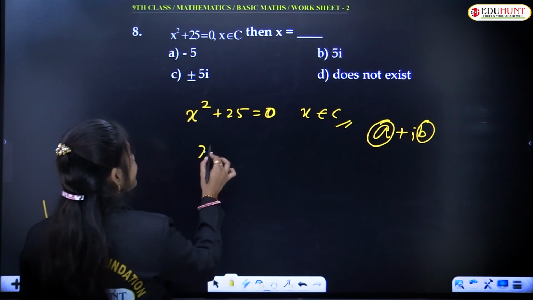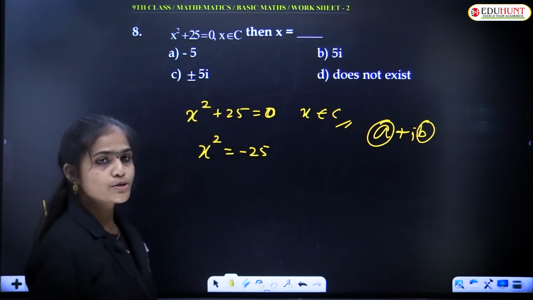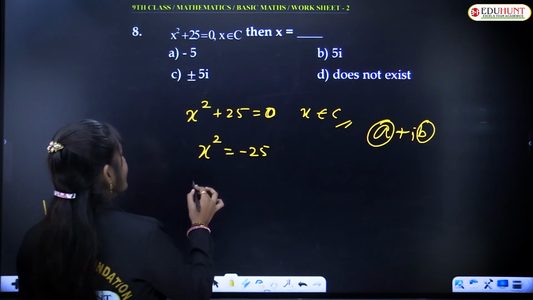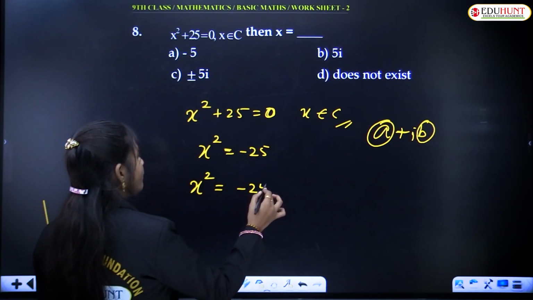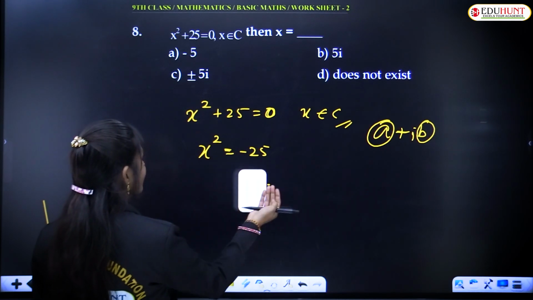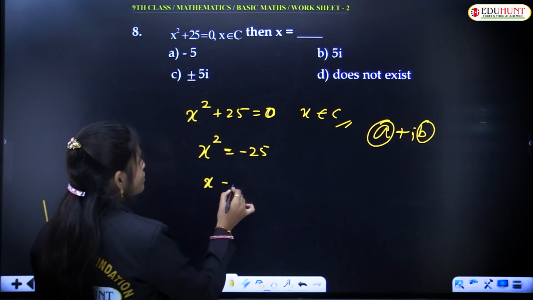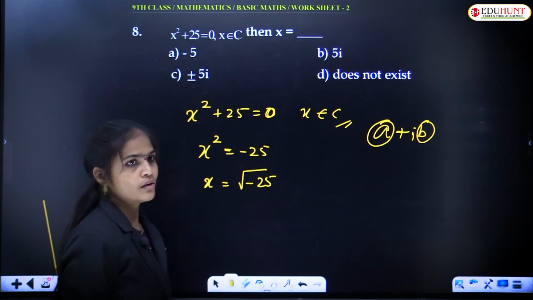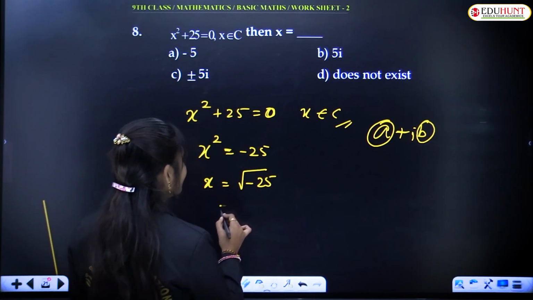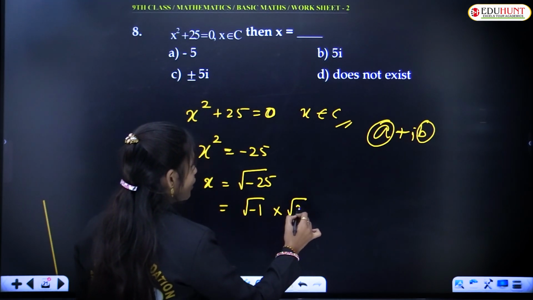So here x square is equal to minus 25, as plus 25 becomes minus 25. So x is equal to square root of minus 25.